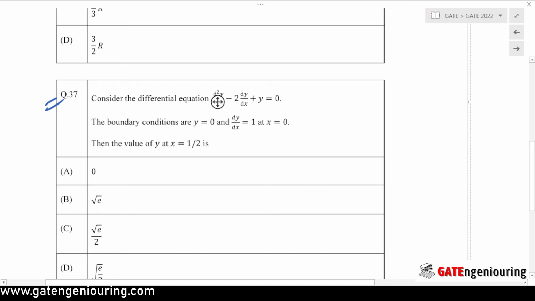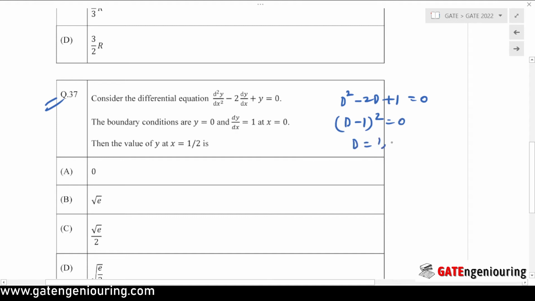Basically, here you can see that the equation given is d square y upon dx square minus 2 dy by dx plus y. Okay, so if we take the operator D here, I can write D square minus 2D plus 1 is equal to 0. Okay, and this is basically (D minus 1) whole square, which is equal to 0.